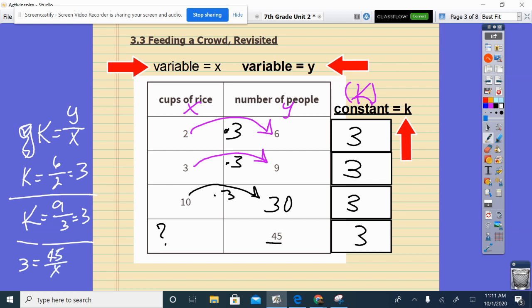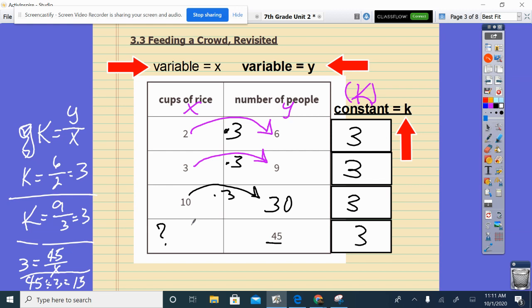So what does that mean? Well, I can move this around and say x times 3 equals 45. So can't I just go 45 divided by 3 equals 15?